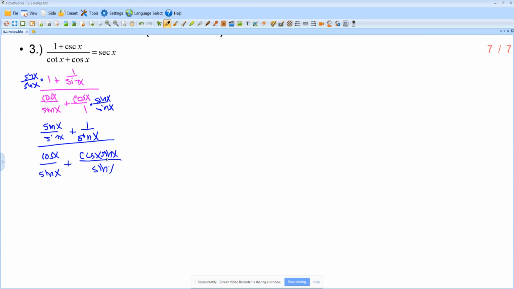Now you do not want to cancel these. What you want to do is just cancel now all of the sine x's. And if you're thinking about like, whoa, Mr. Davis, why can I do that? If we just take a little side note here, if I added these, this would become sine x plus 1 over sine x, over cosine x plus cosine x sine x over sine x.